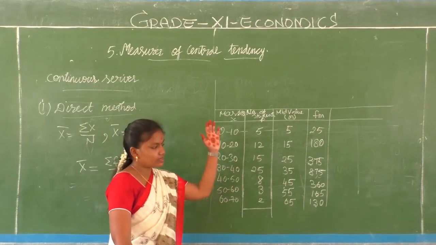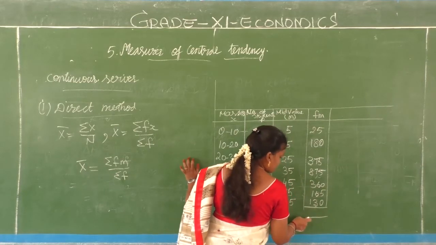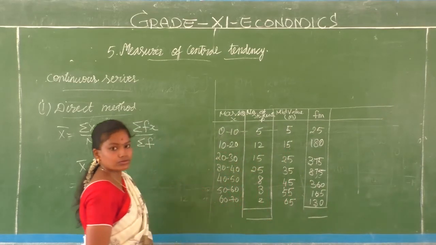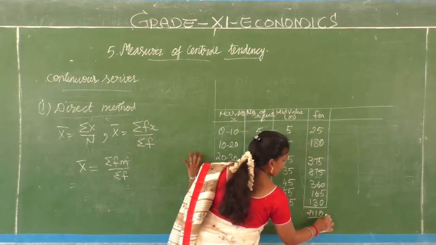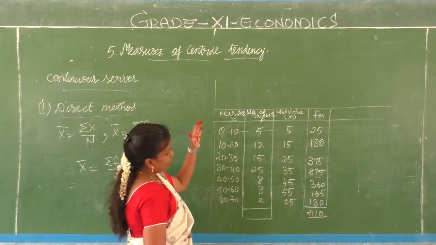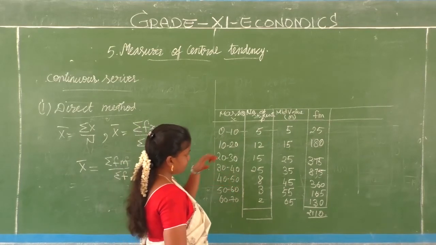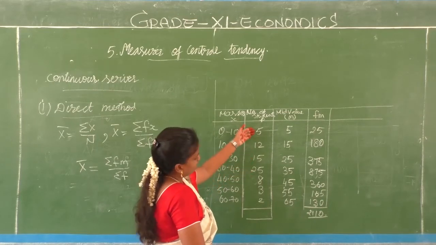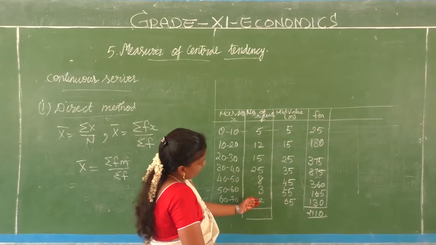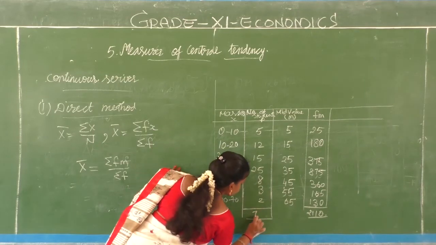Now what you have to find is sigma fm. Use a calculator to do the addition part, because you should not miss any data. So when you add it up, you will get 2110. And sigma f, I'm going to make an easy calculation: 40, 45, 45 plus 5 is 50, 50 plus another 20, 70.